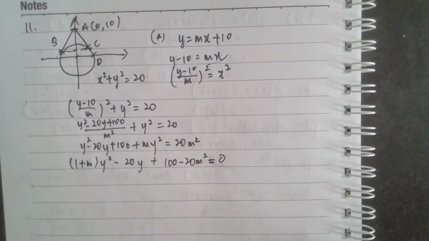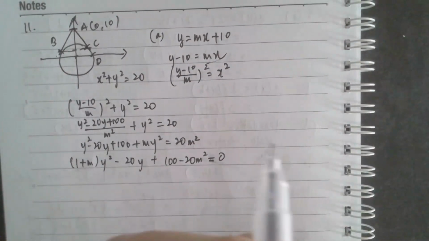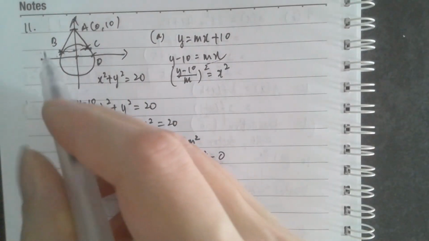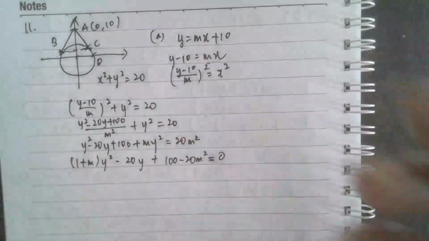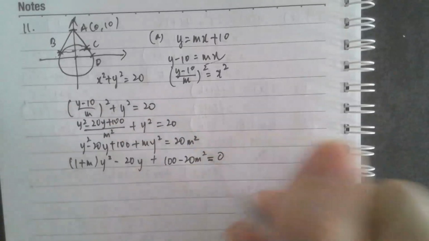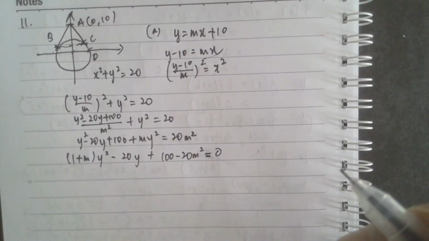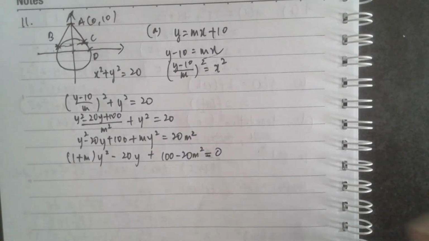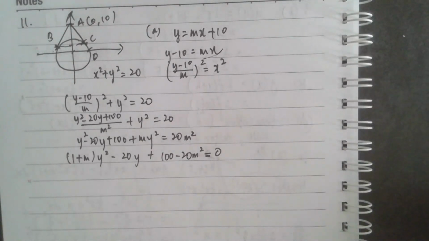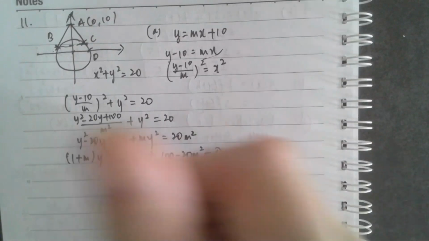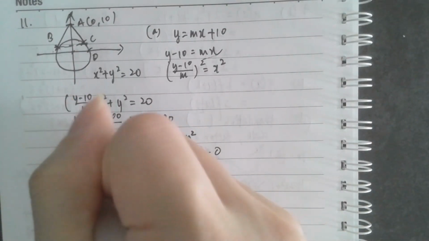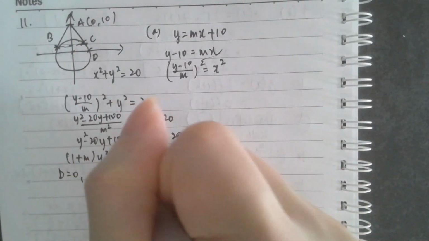Now the question asks to solve for m, so we're not solving for y here. But remember, B and C share a common y because it's a flat line here. That means the roots of this quadratic must be just one. In other words, there must be two equal real roots, or we can say that b squared minus 4ac, the discriminant, equals 0. That's the strategy.